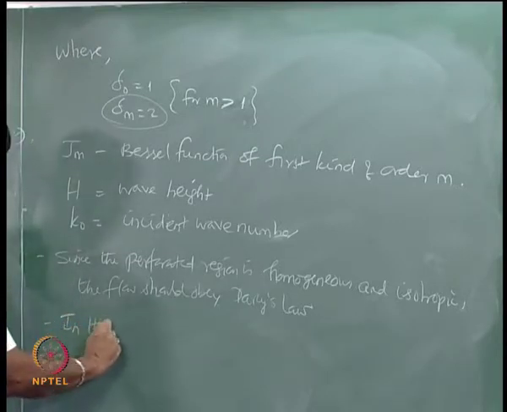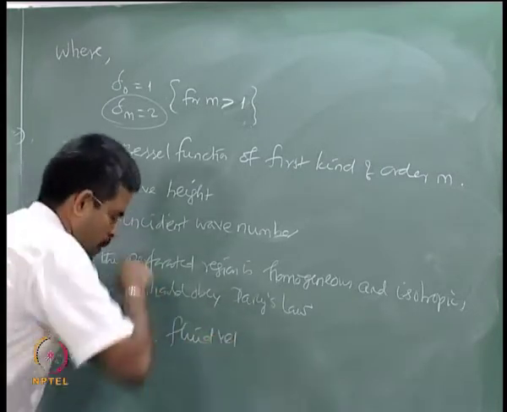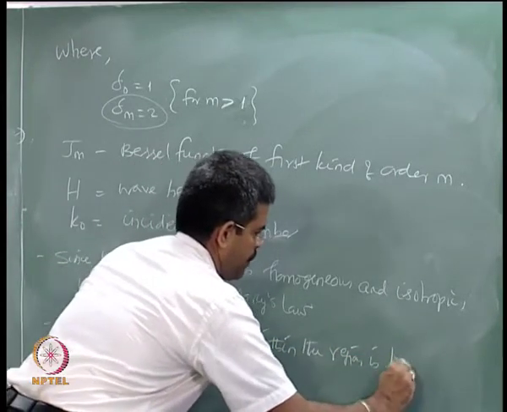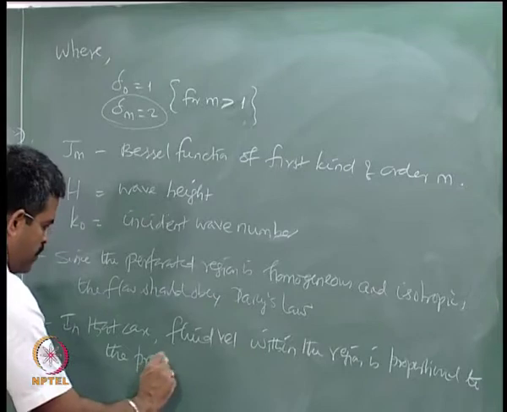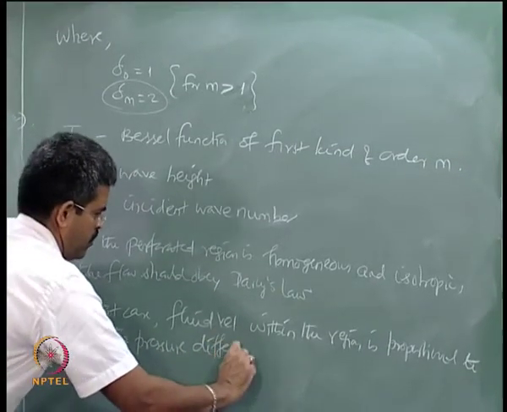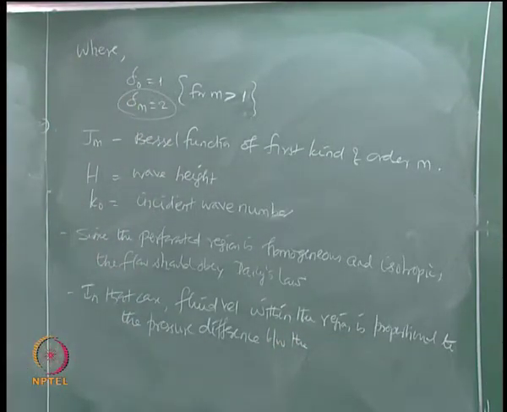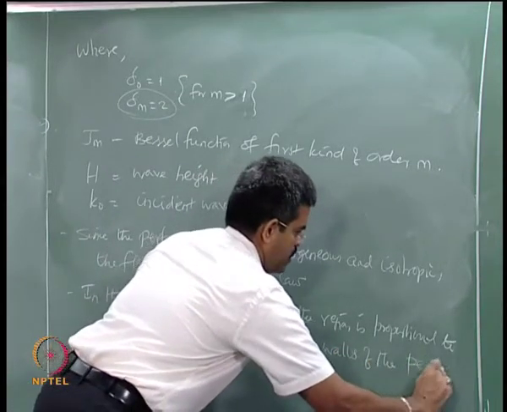In that case, fluid velocity within the region is proportional to the pressure difference between the walls of the perforated region.